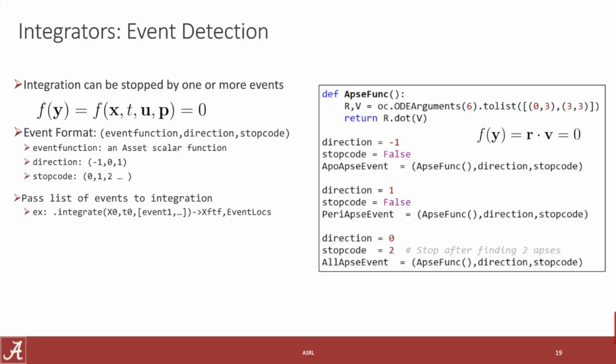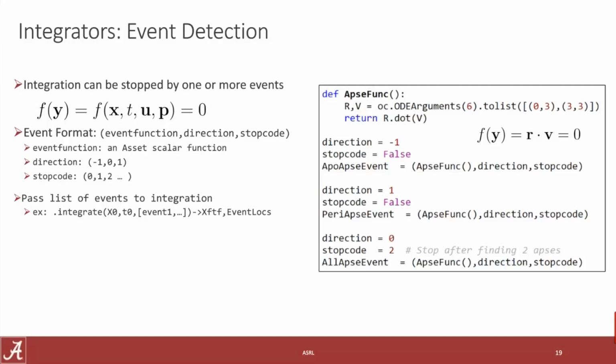Integrators in ASSET, these integrator objects, also have the ability to do event detection. Event detection is essentially just, I have a function that I want to evaluate, and I either want to record when this function is triggered, or I want to stop integration when it's triggered.